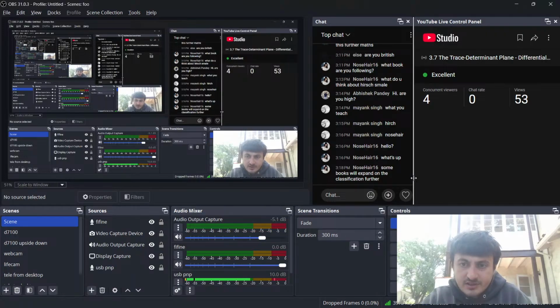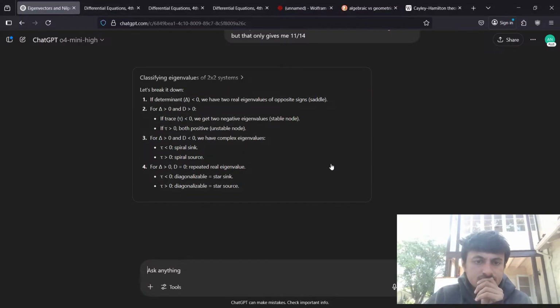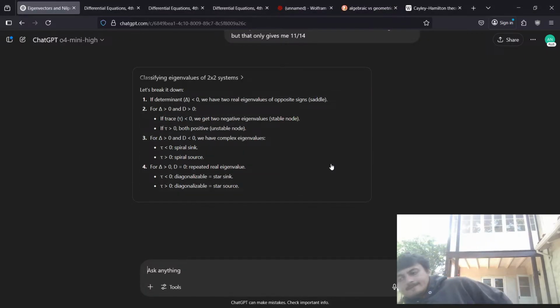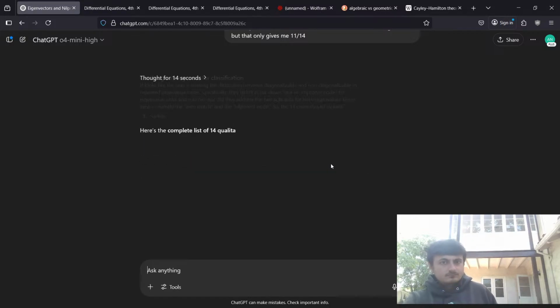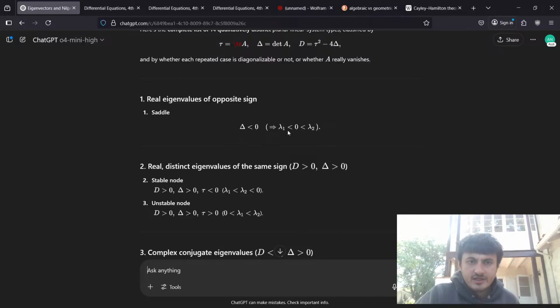Some books will expand on the classification. Okay. Saddle.